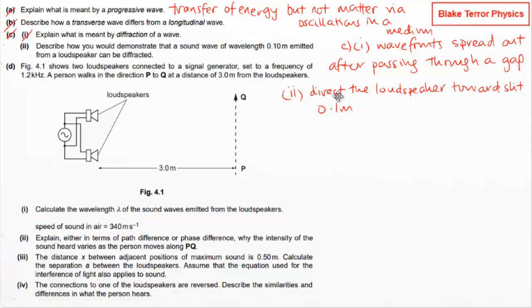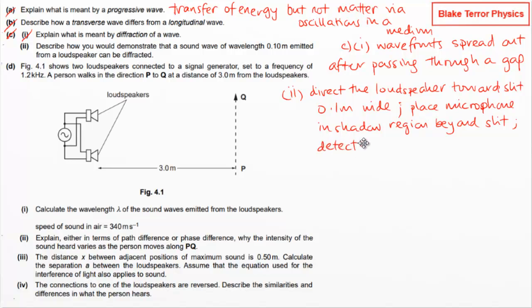So let's set them the same, 0.1 meters wide. Then step 2, let's place a microphone in the shadow region on the other side of the slit, so beyond the slit, and then we can record or detect a signal at the microphone.